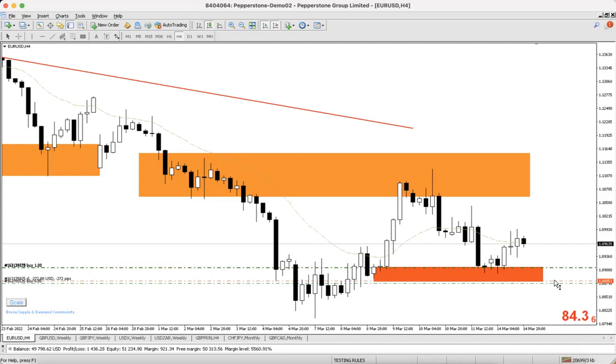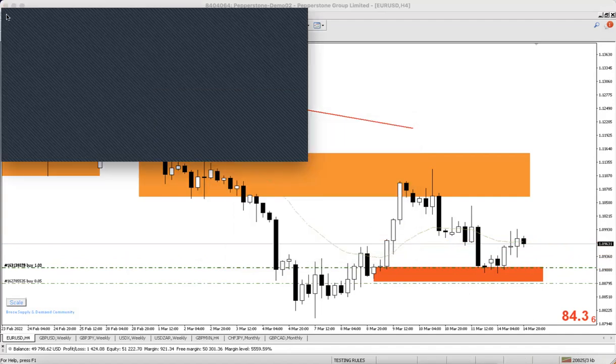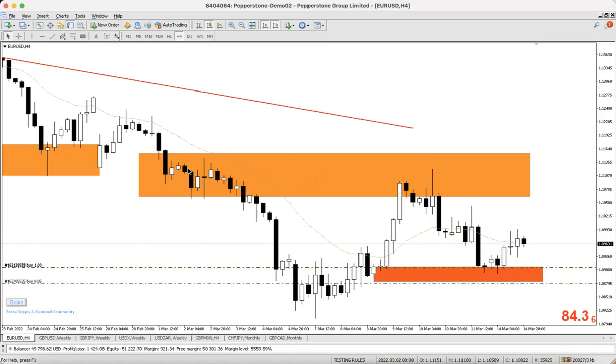So with my risk to reward at 1:2, it will be $272 times 2, okay? Which means my profit will stand at 544. 544, where is it? It's somewhere here. All right. So that is how you measure your risk to reward.